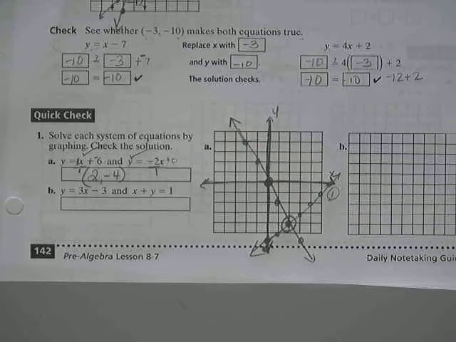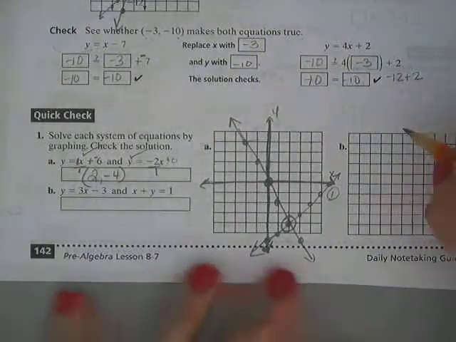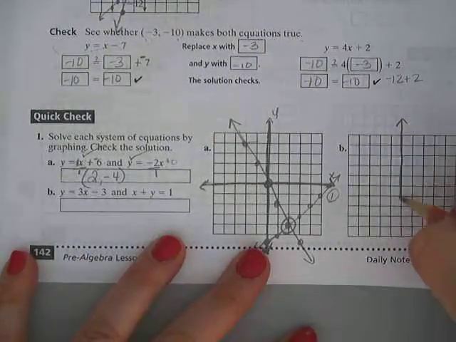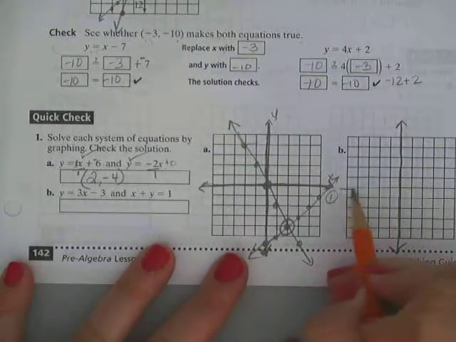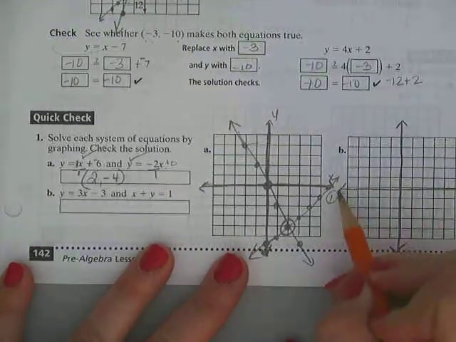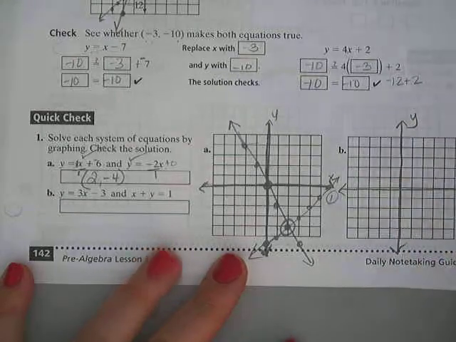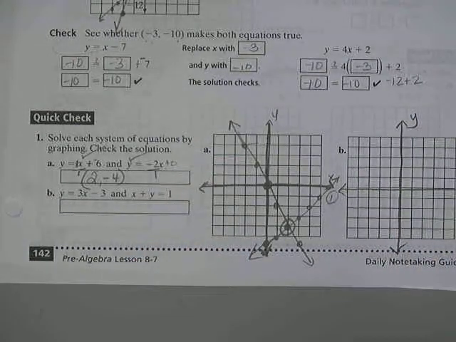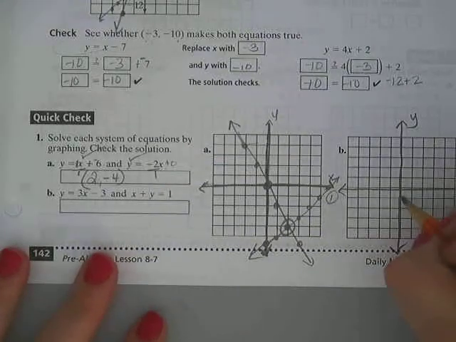All right, let's do B. Go ahead and start drawing. Okay, so y equals 3x minus 3.